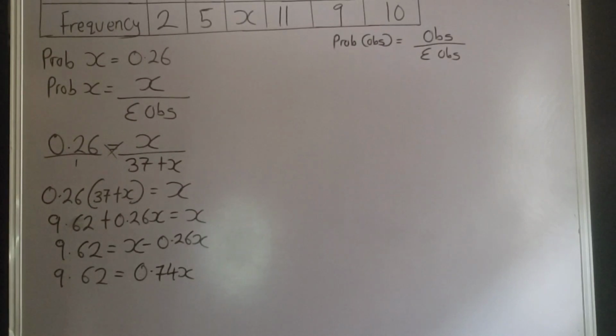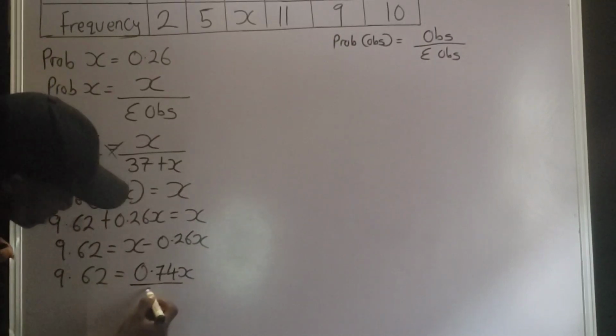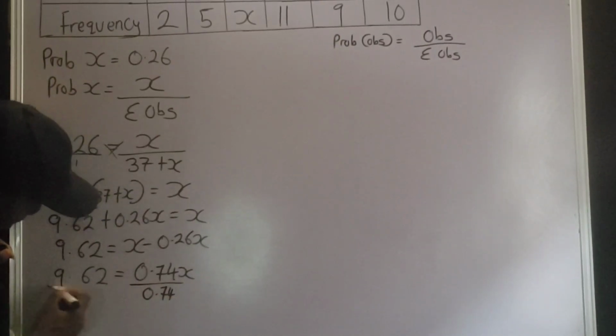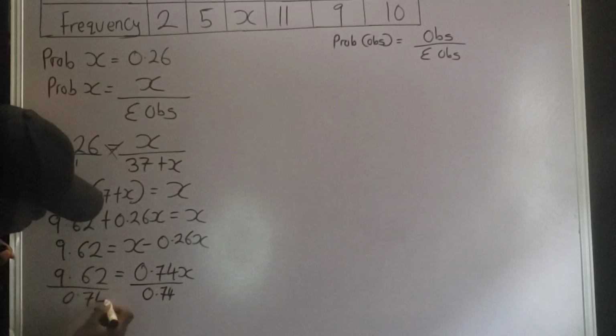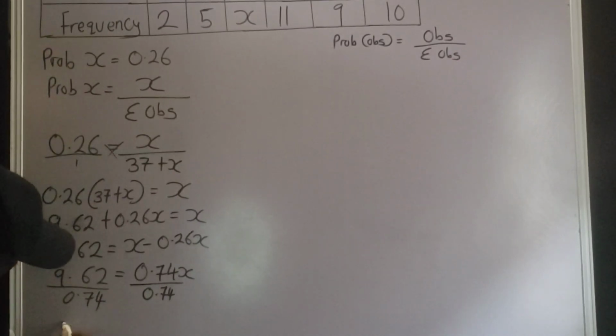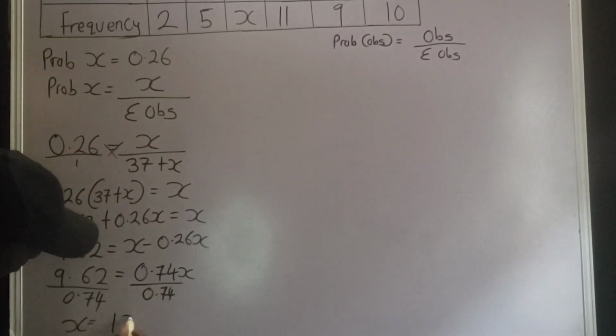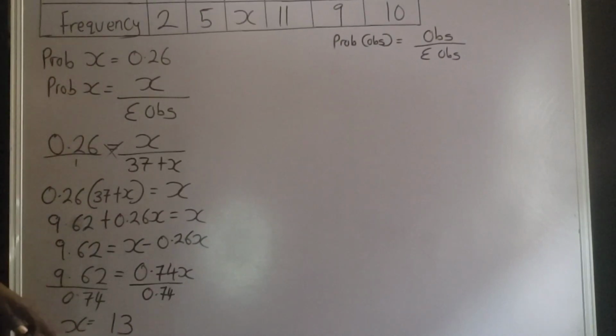So now the next step is that we are going to divide both sides by 0.74. If you divide both sides by 0.74, we are going to have x as 13. So x is equal to 13. So we have gotten the value of x as 13.